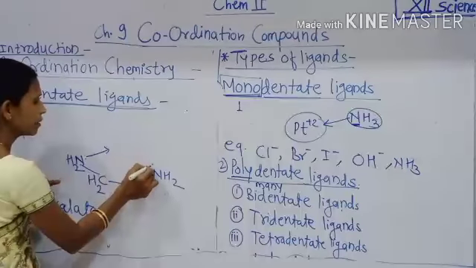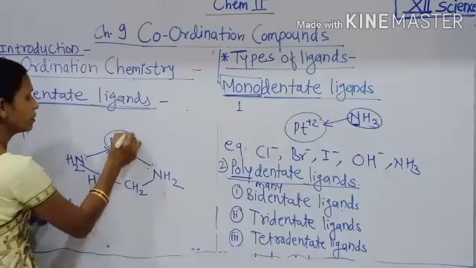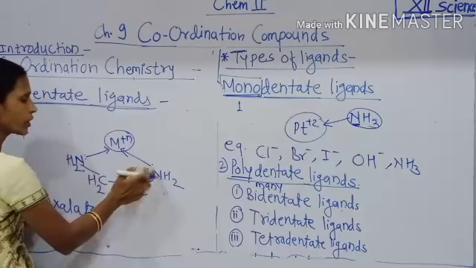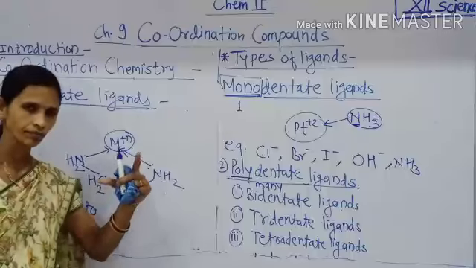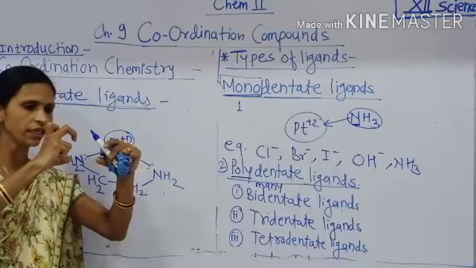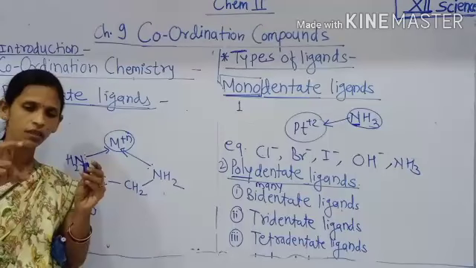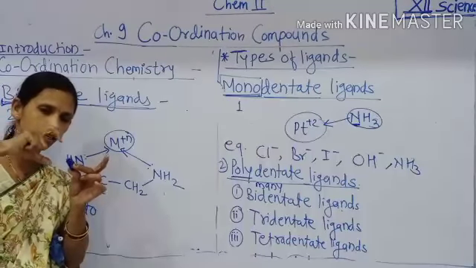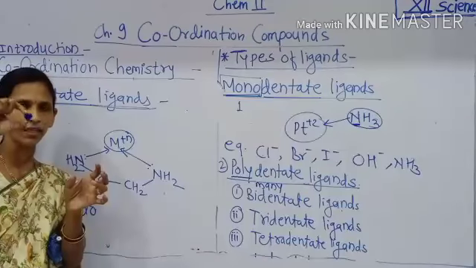They are coordinated with the central metal ion through 2 different nitrogen atoms. That means it is a bidentate ligand. Suppose this is a central metal ion and the bidentate ligand is coordinated with the central metal ion like this.